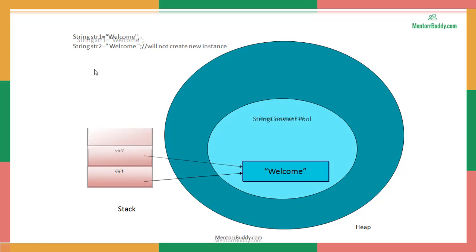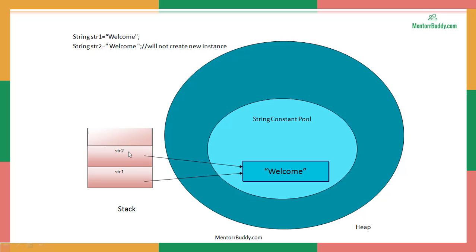Now let's suppose we create one more string object with the same content, welcome. How will memory allocation take place for this? Of course, a reference variable will be created in the stack, and thereafter a search will take place in SCP for welcome. Since welcome is already there, no new object will be created.